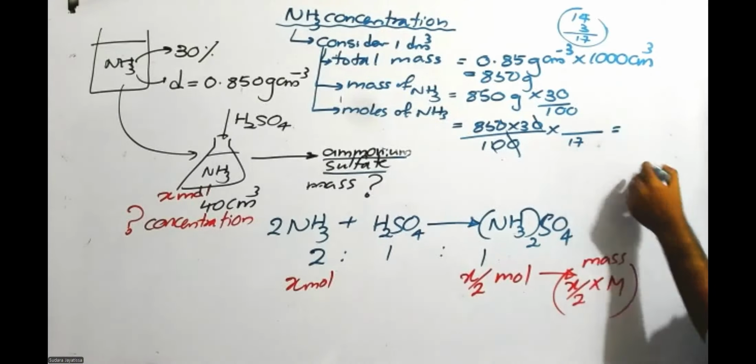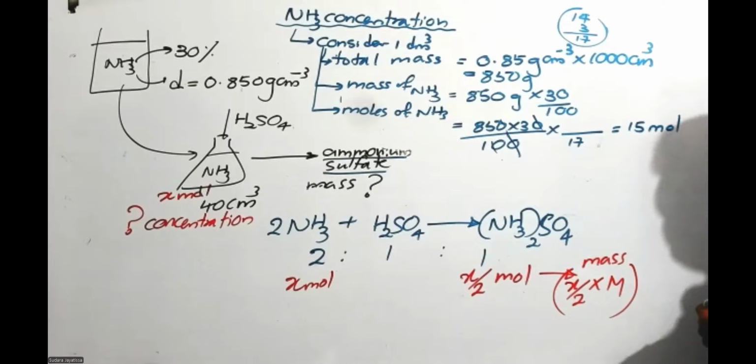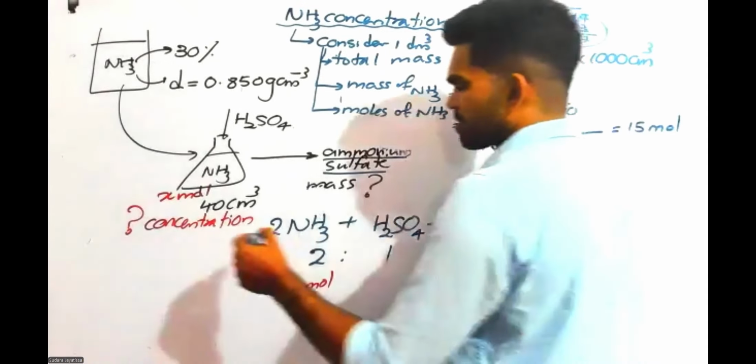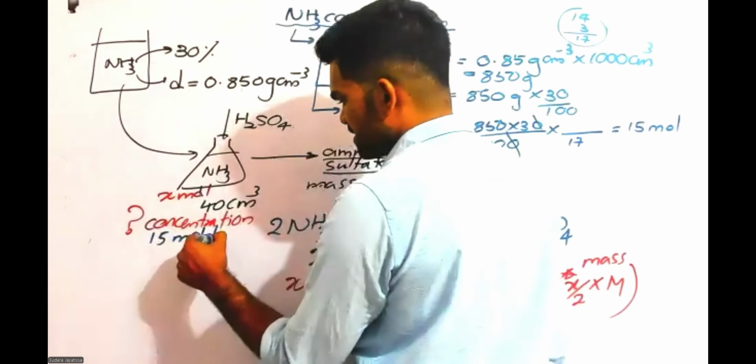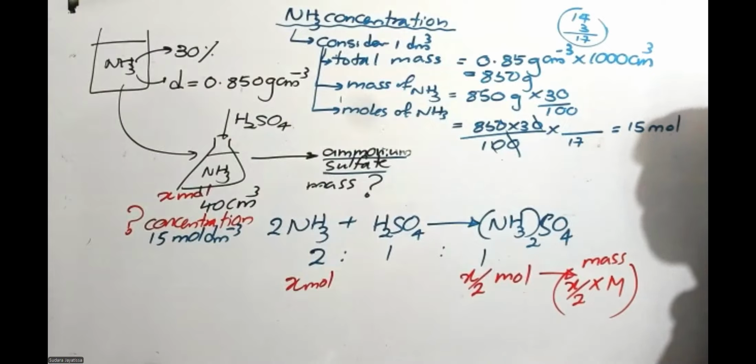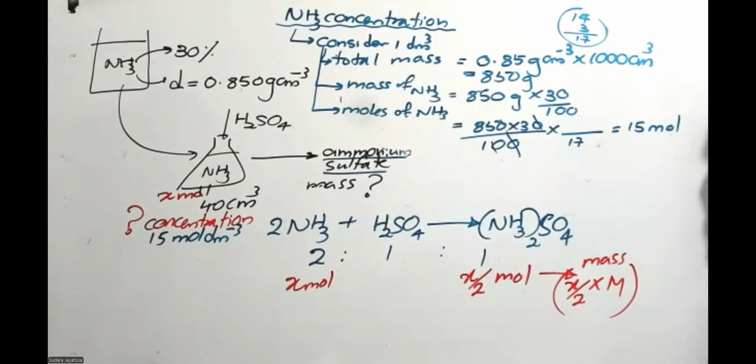You will find 15 moles are there. So what is the concentration then? 15 moles per decimeter cube. Okay, so 85 is divided by 17, which is giving you 5, and then multiply by 3, 15.